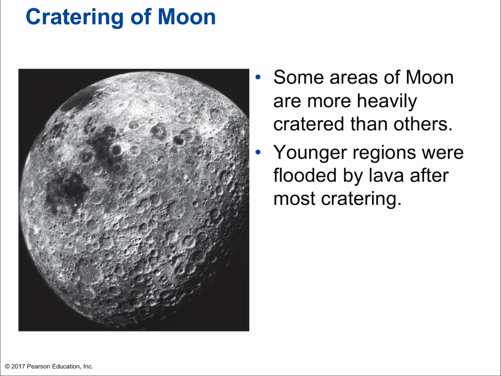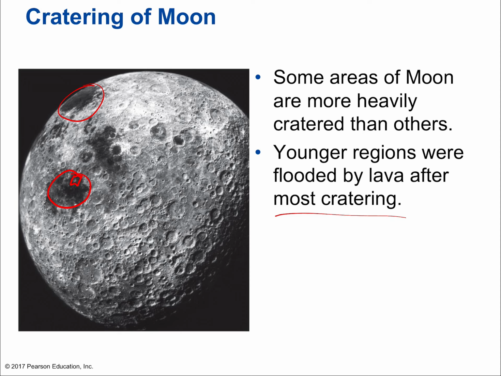All right. So the moon, for example, some areas of the moon are more heavily cratered than others. The younger regions were flooded by lava after most of the cratering occurred. So the big flat regions, the maria, these big lava plains, there are some craters on top of the maria. Here's one right here, but mostly there's not, because that means the maria formed maybe 3 billion years ago.